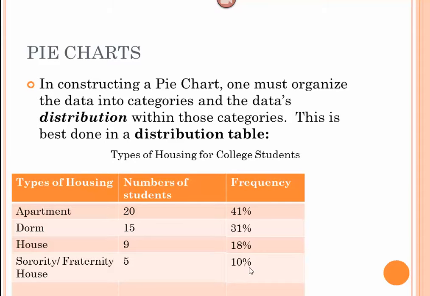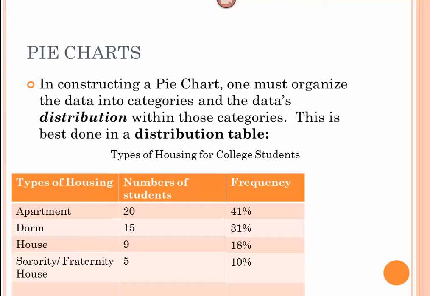Now, why would we choose relative frequency over frequency? Well, generally, relative frequency gives us a bigger picture just in the one number itself. If you weren't looking at this table and you had no idea how many people participated in the survey, and I just said, well, 20 of our participants lived in apartments, that doesn't really tell you anything until you know 20 out of what, right?